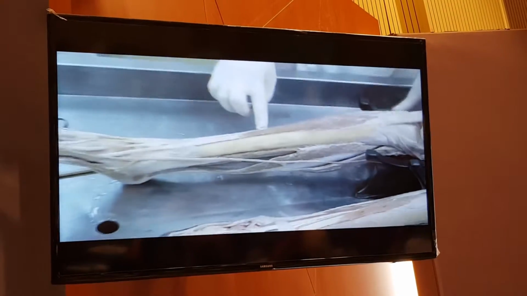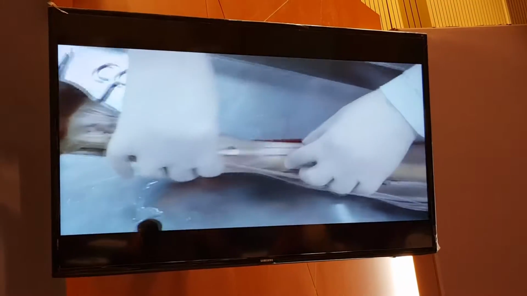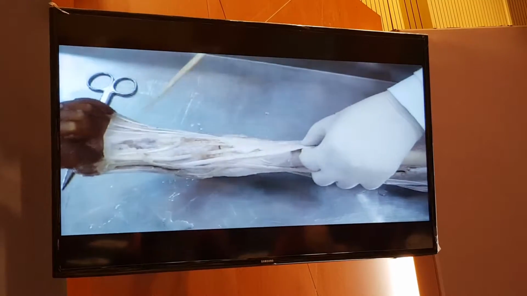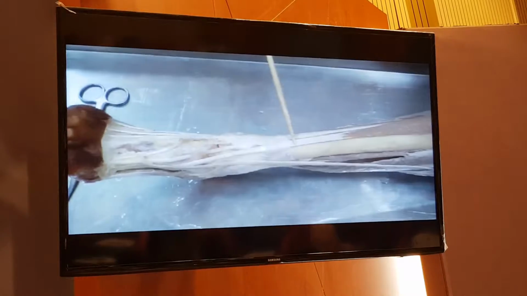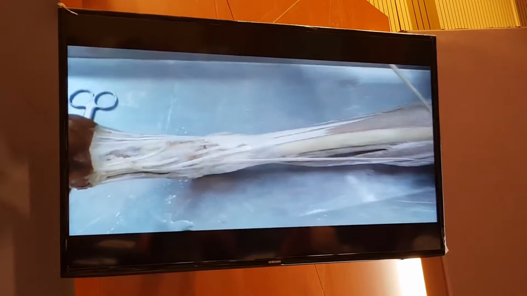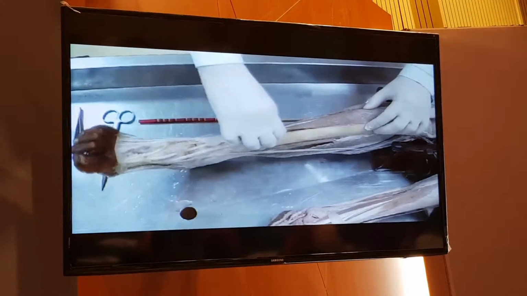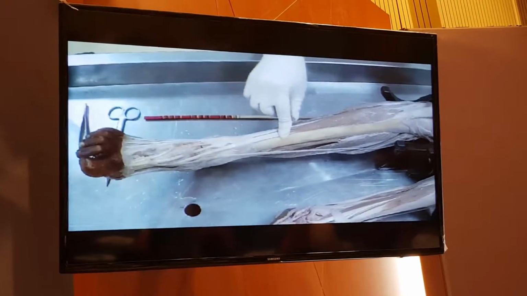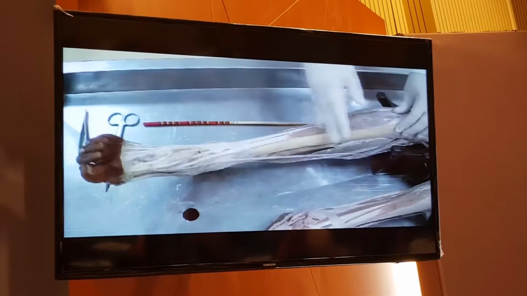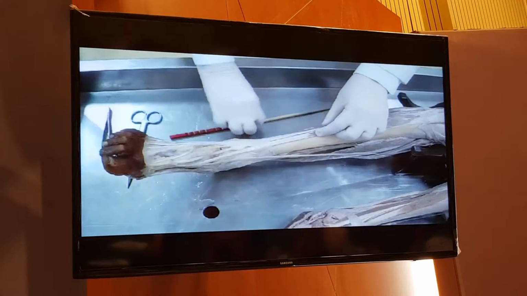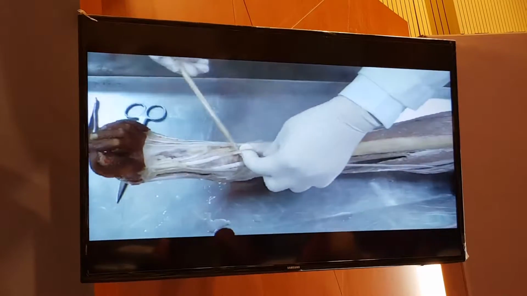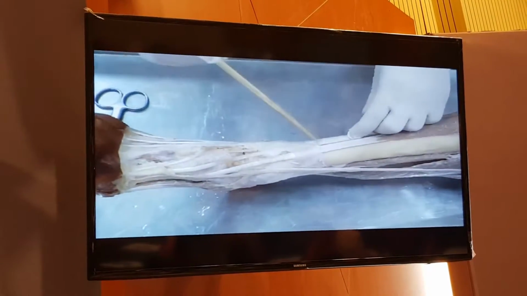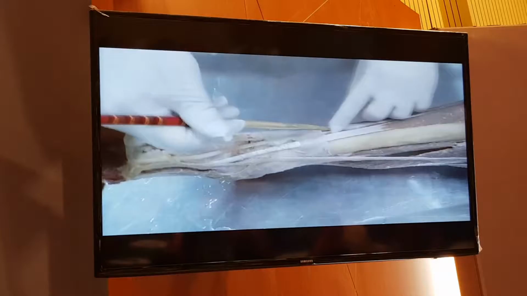You can see here the anterior compartment muscles. Here is the tibialis anterior tendon. If you continue, this is the tibialis anterior muscle, the most medial. Then lateral to it is the extensor hallucis longus tendon.